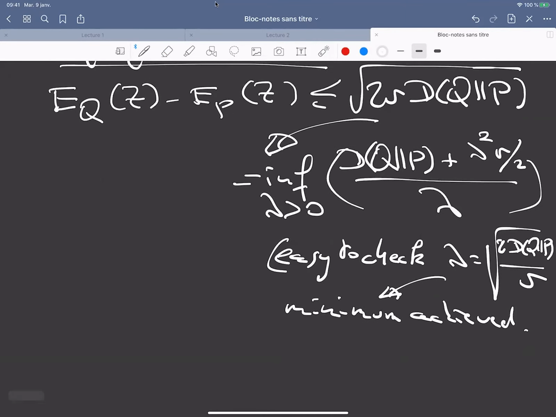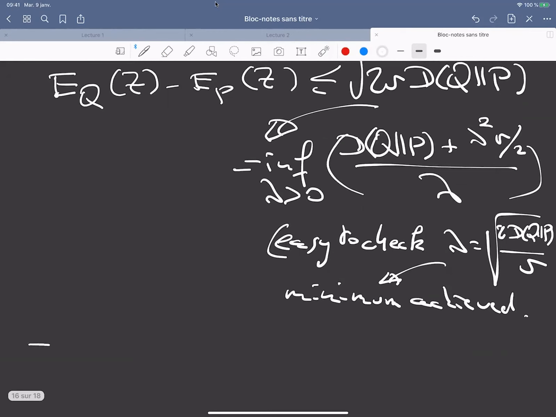So, saying that this is less than this quantity, which is an infimum, is equivalent to saying that this guy is less than all these guys here. And of course, I can multiply by lambda.